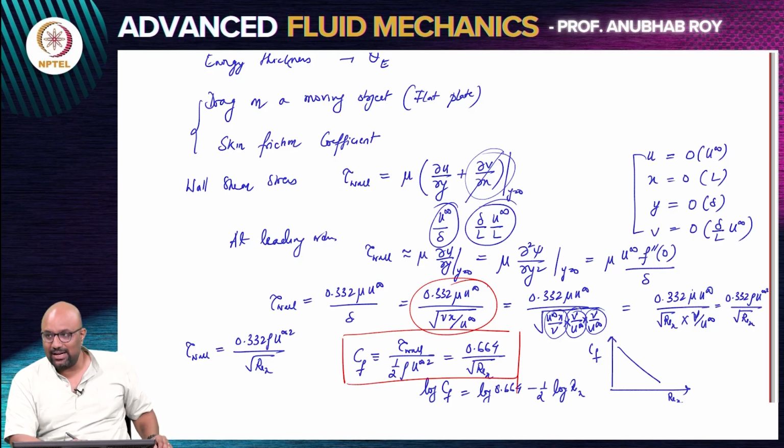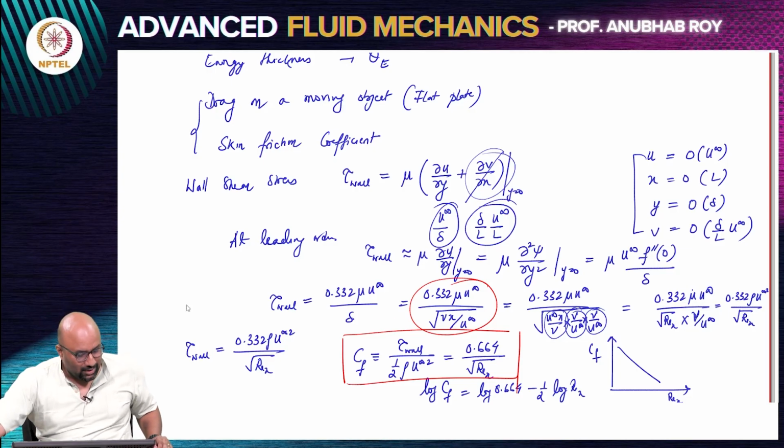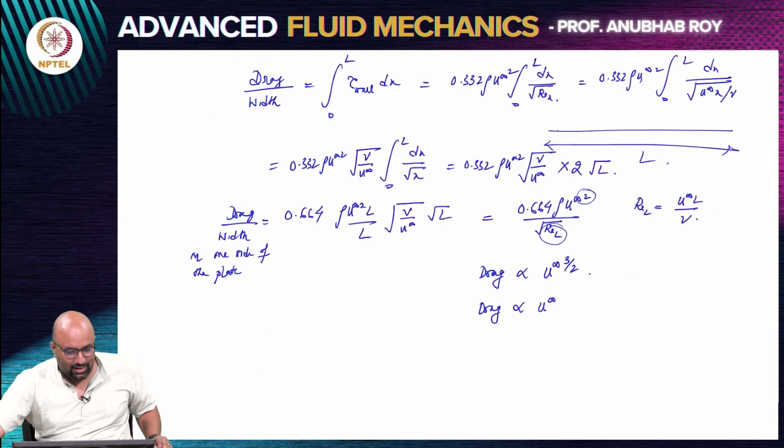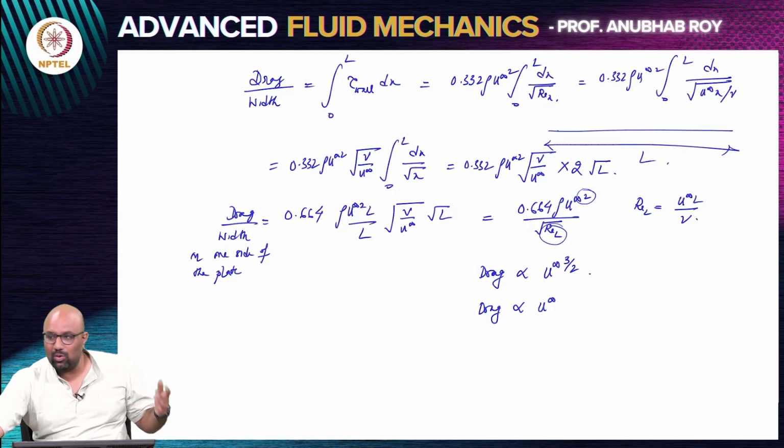The shear stress at x equals 0 at the leading edge is infinitely large. It turns out that in the drag calculation that didn't matter. Even though the shear stress was singular at x equals 0, it was a weak enough singularity that we could do the integration and get an answer. So for an integrated quantity like drag, it didn't matter because it was a weak singularity.